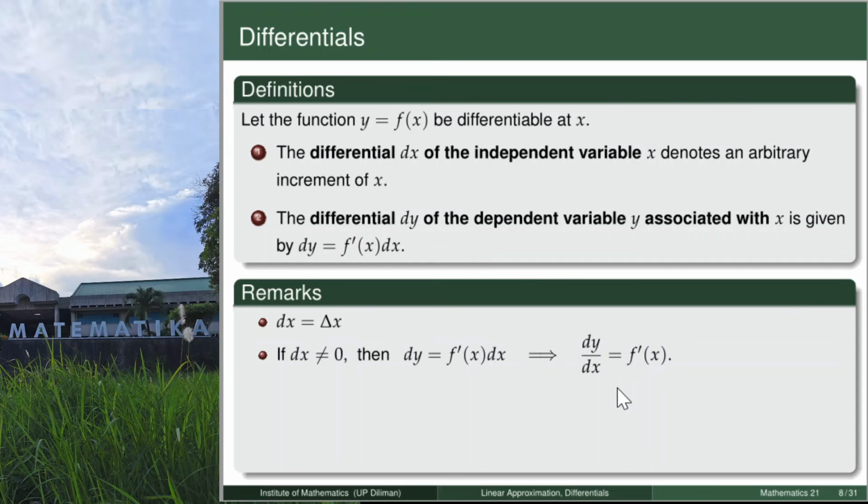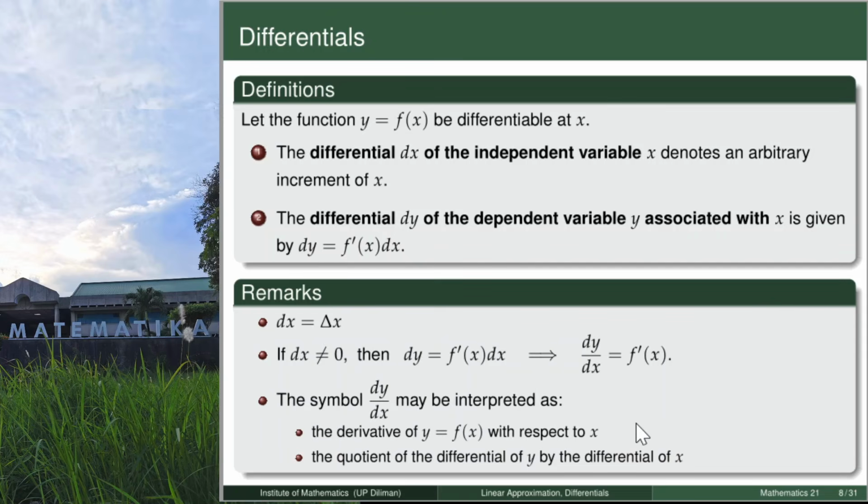But this time, because of the notion of differentials, we have a second meaning for this symbol. That is, this can also mean the quotient of the differential of y divided by the differential of x.